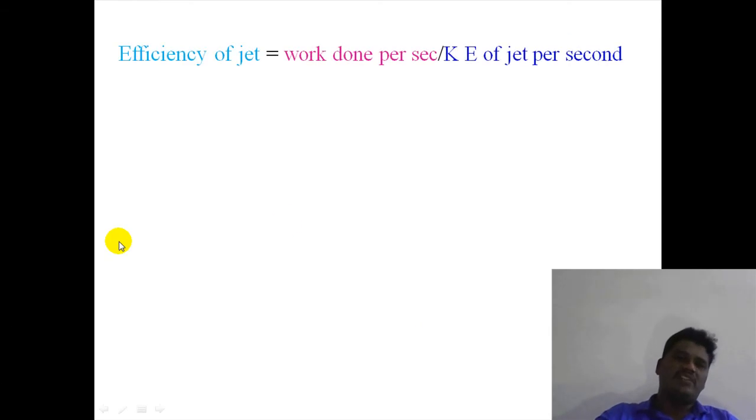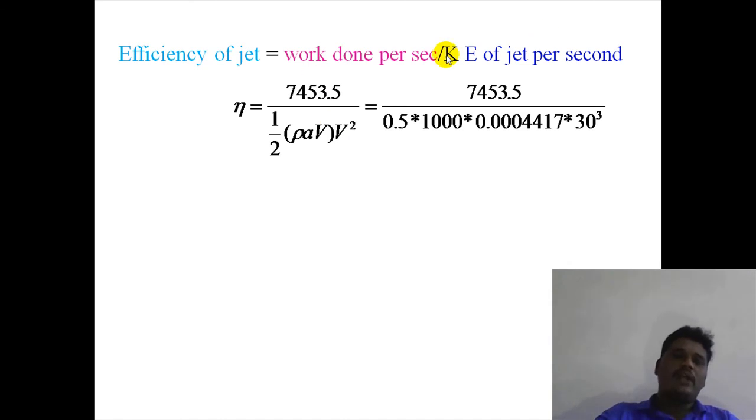Next, we also have to find the efficiency of the jet. How can we find the efficiency of the jet? The formula is work done per second divided by kinetic energy of the jet per second. Work done per second is already given. Now we find the kinetic energy per second, which is half rho a v square. Kinetic energy per second becomes half rho a v multiplied with v square.